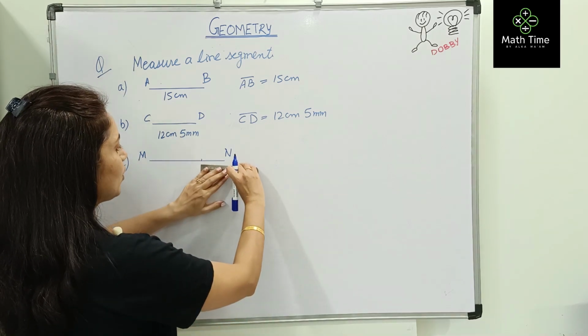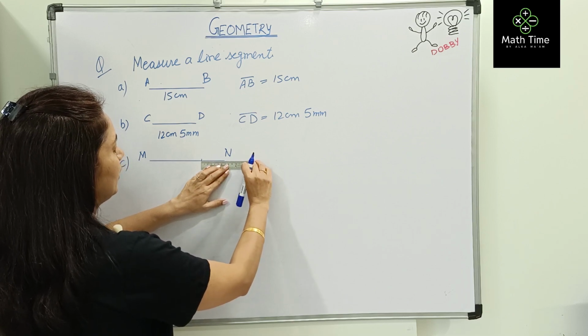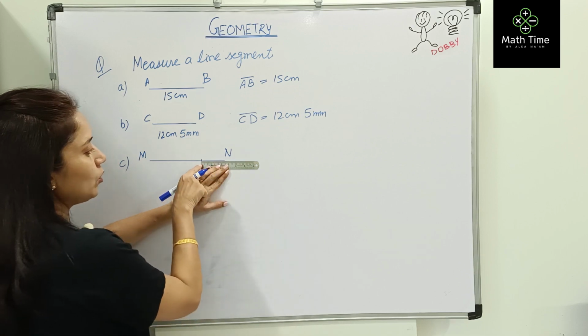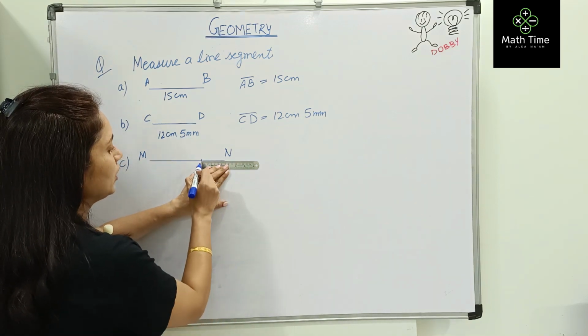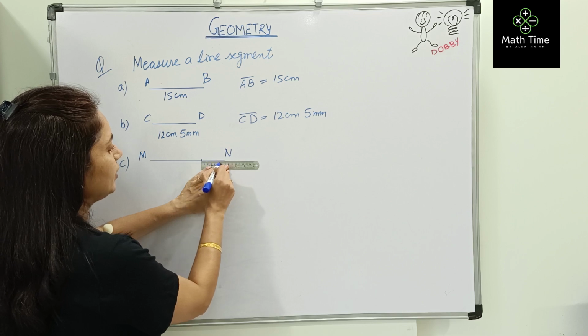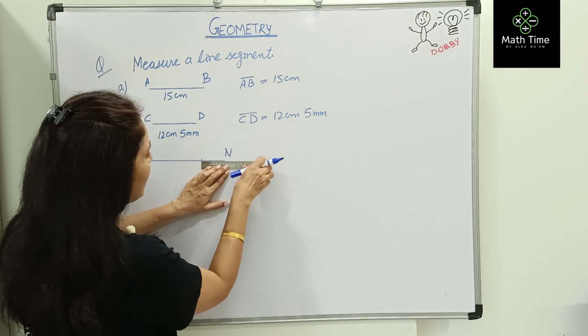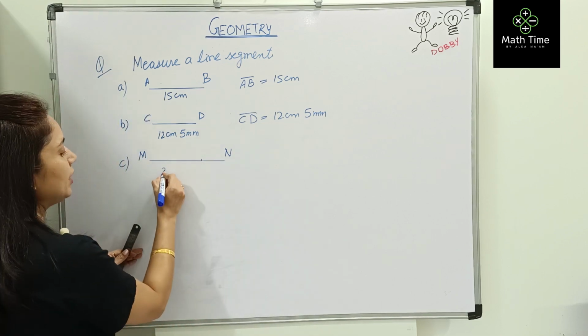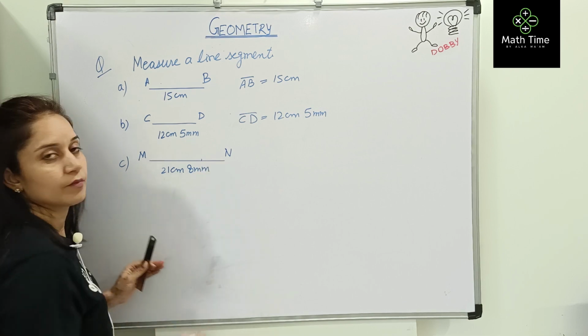So at this point we will be keeping 0 again. And after keeping the 0 here again, count. 15 is done, so ahead we have to count. 16, 17, 18, 19, 20, 21, 22. And before 22 it is 2 steps back. That means it is 21 centimeter, 8 millimeter.